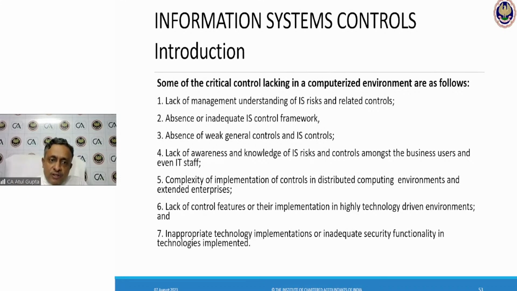Then complexity of implementation of control in a distributed computing environment and extended enterprises. So people are not implementing controls properly, or they don't implement because they think it is going to be a huge complex issue. So they avoid it. Lack of control features or implementation in high technology.